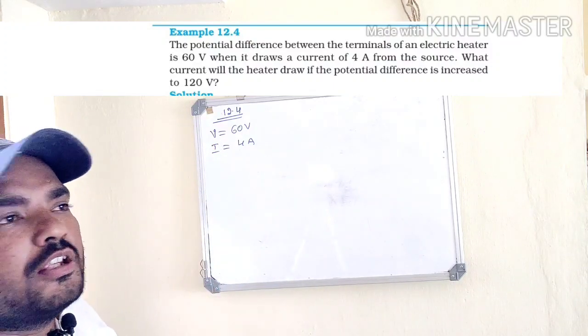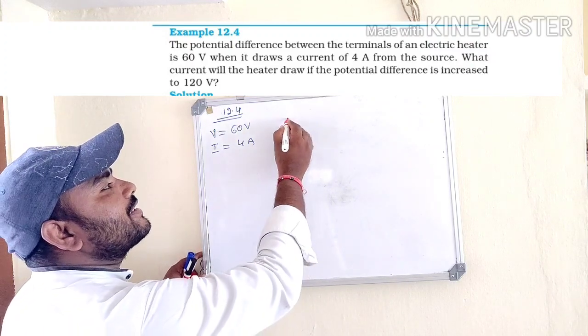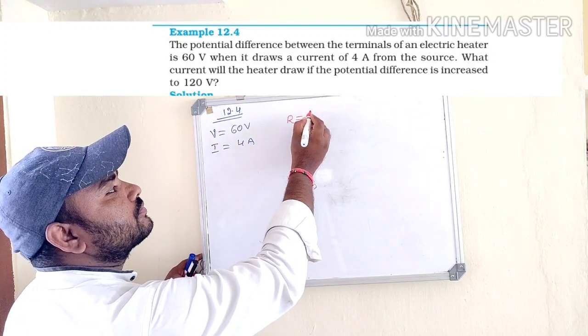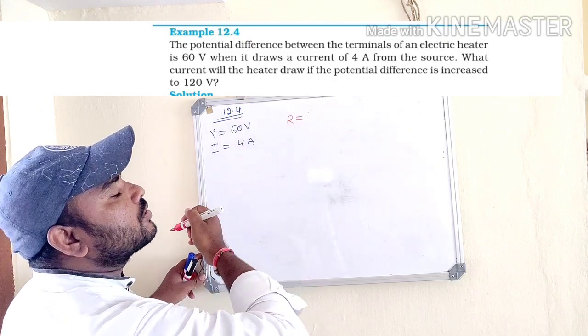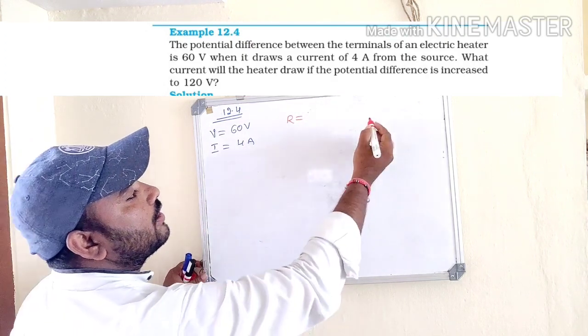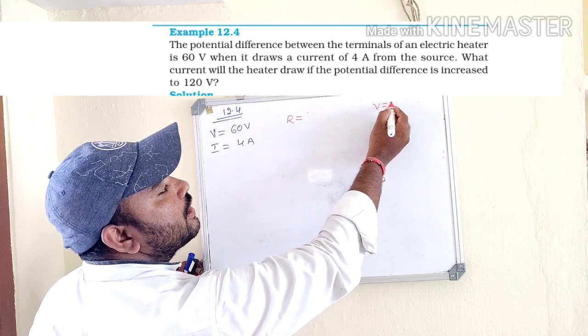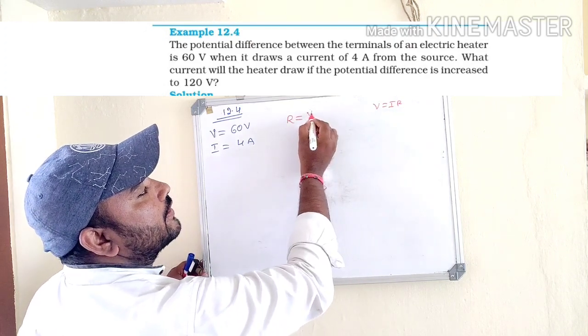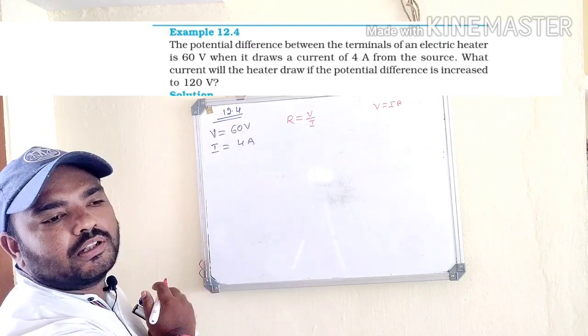Now, R is equal to V upon I. As we all know Ohm's law, V equals IR, then R is equal to V upon I.